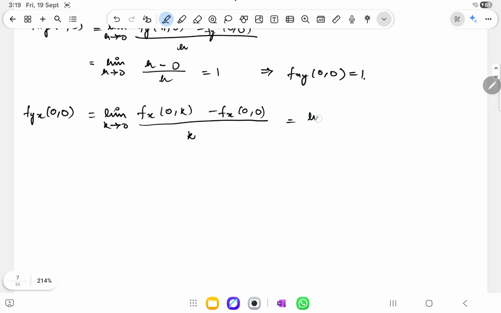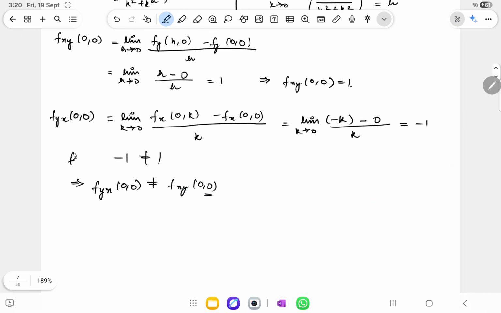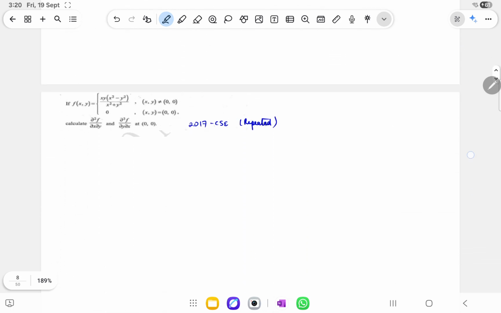So it will be the limit as k approaches 0 of (−k − 0) divided by k. So this limit turns out to be −1. So you can clearly see that −1 is not equal to 1. So fyx at (0, 0) is not equal to fxy at (0, 0), and that's what we are supposed to prove in this question. So let's move on to the next question.